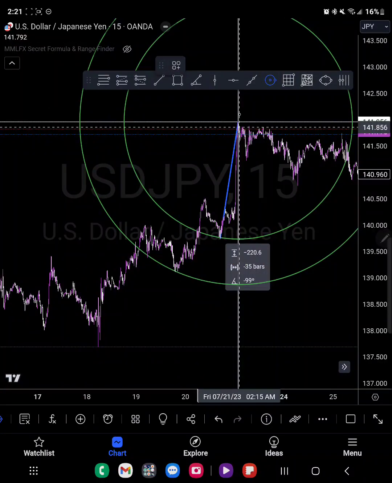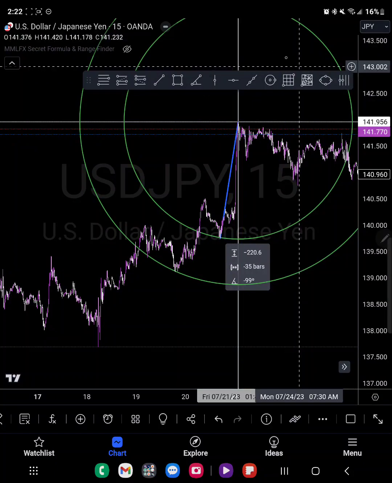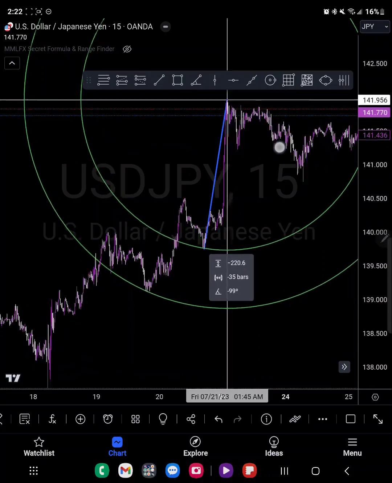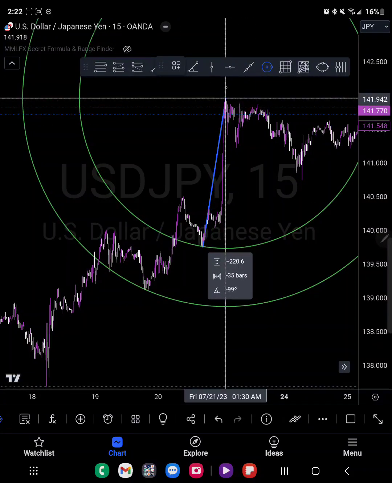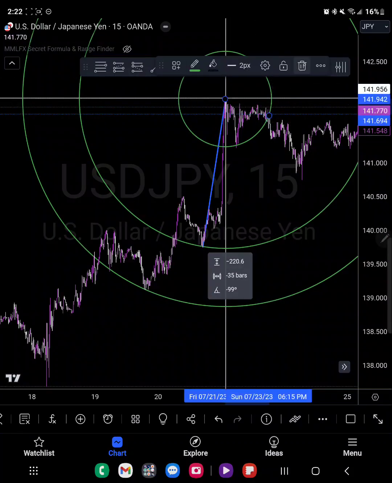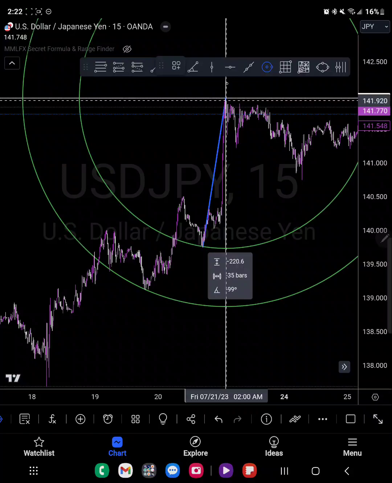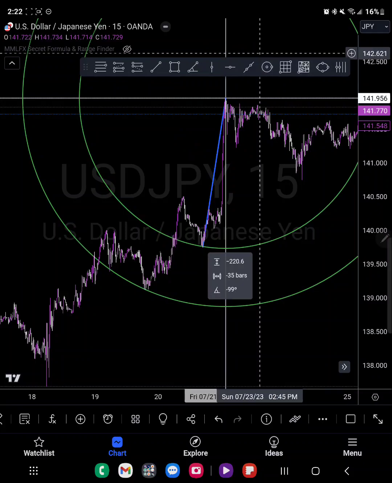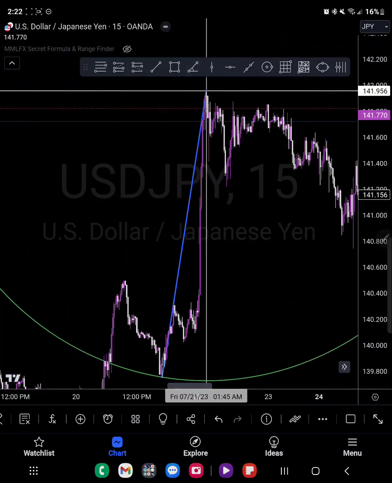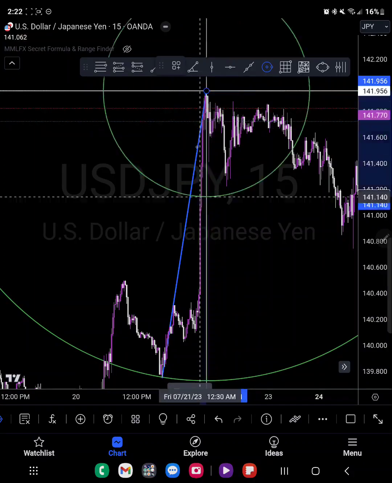Once again, you want to make sure you draw these circles correctly. This is much easier on a computer or a laptop, guys. I'm doing this on my phone, so bear with me. There we go.